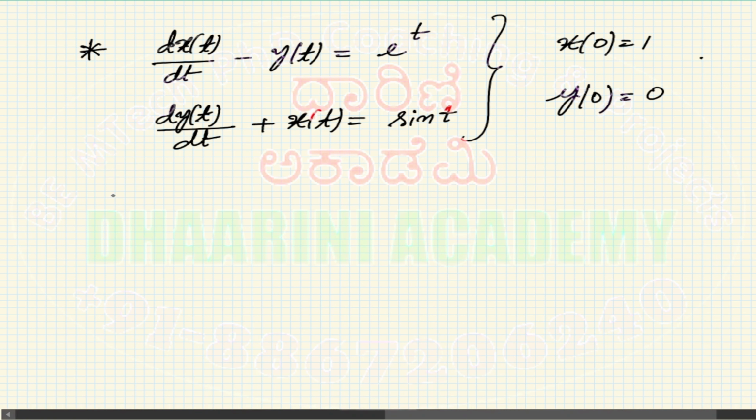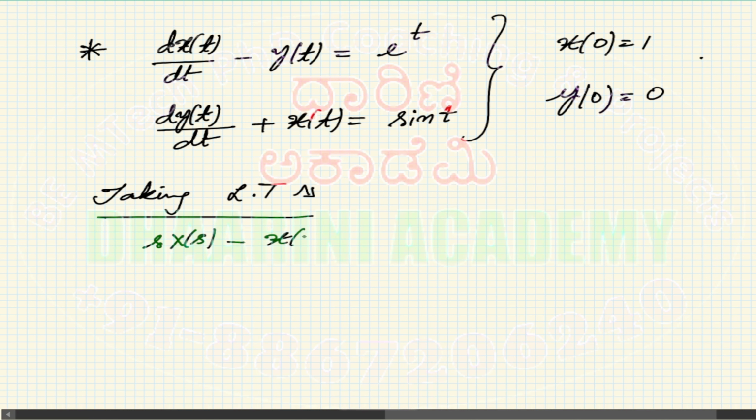So what's the first step? We take the Laplace. In the Laplace transform, the first equation becomes s into x of s minus x of 0 minus y of s equals, what is the Laplace of e to the t? 1 by s minus 1.